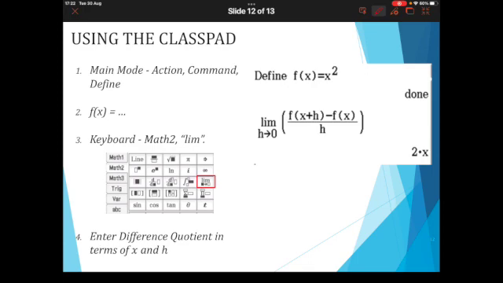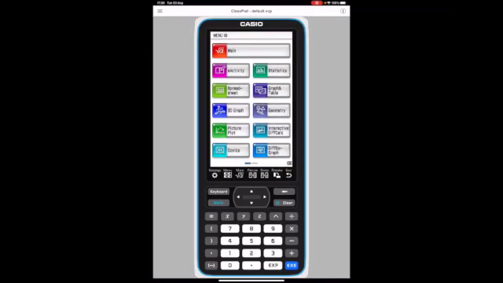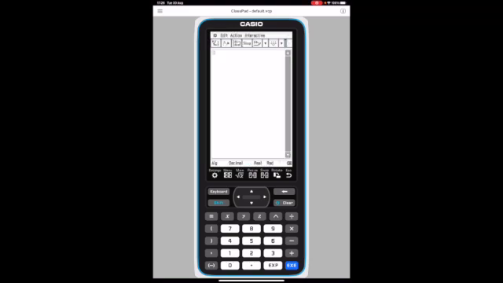So I'm going to show you how to use the ClassPad as well. So if you could bring your ClassPad out, I will go through the ClassPad. You can follow the video. Alright, let's have a look at the ClassPad. First of all, we need to go to Main and go to Action, Command, and Define.